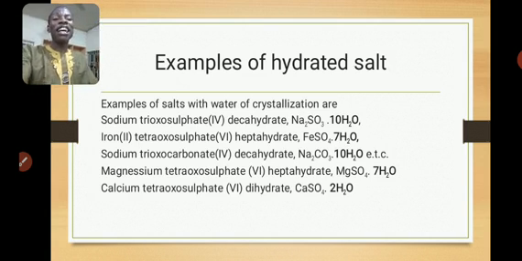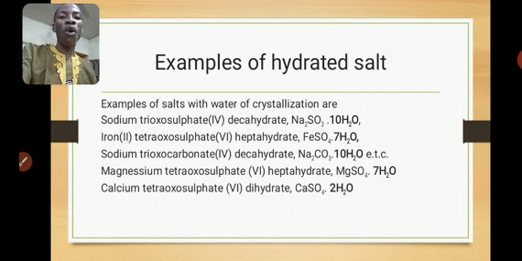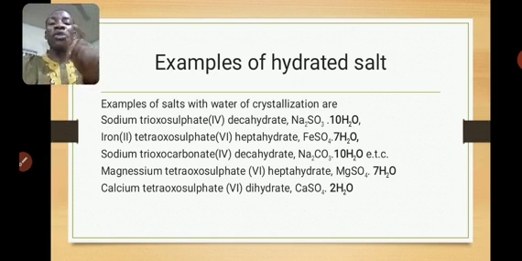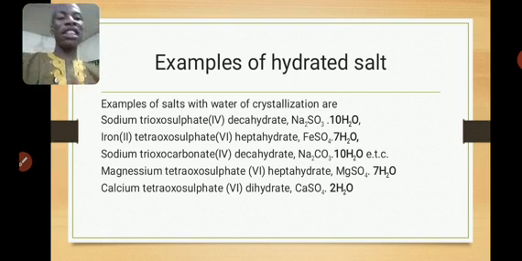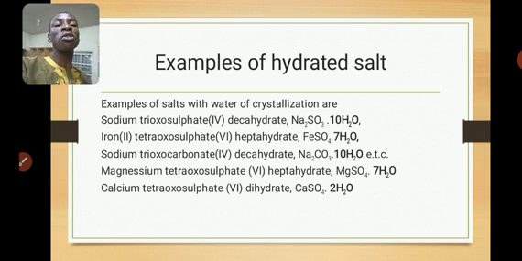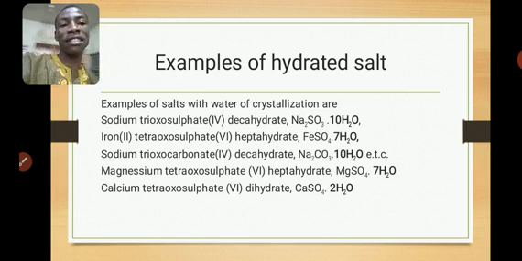Washing soda is the decahydrate form of sodium trioxocarbonate(IV). Don't forget about that. If I say washing soda, I am talking about sodium trioxocarbonate(IV) deca, that's 10, decahydrate. We also have some other salts like that, like magnesium sulfate. That one too is heptahydrate.